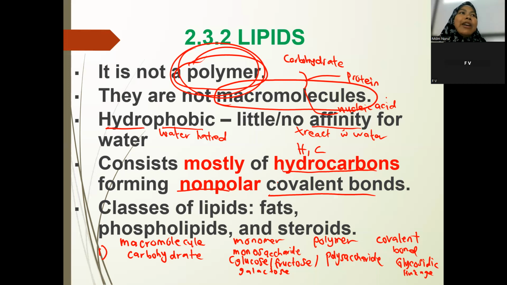Since they are hydrophobic, they cannot react with water. So the bond formed is also known as non-polar covalent bond. The name of this covalent bond, madam tells you in advance, is ester linkage.